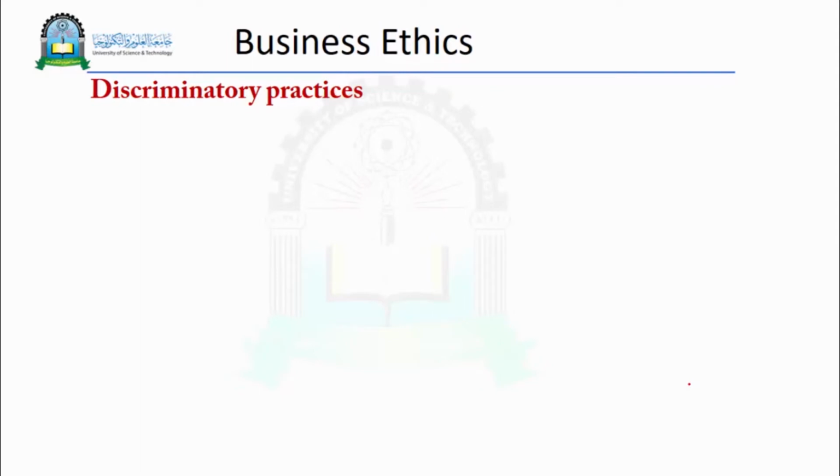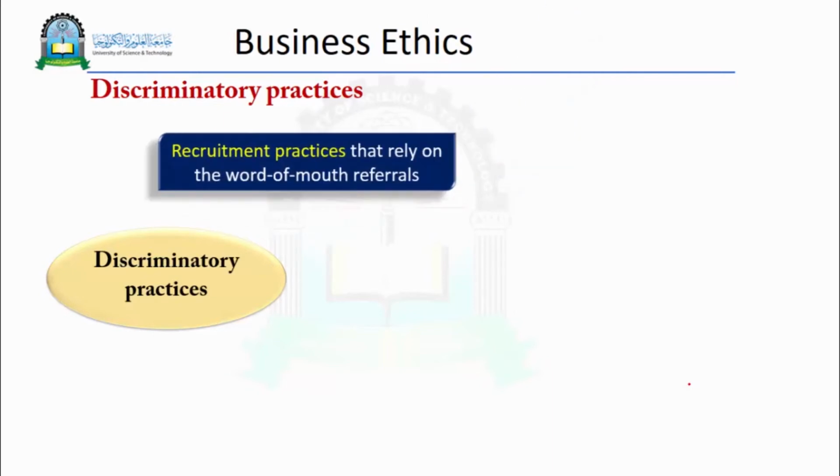Now we have some kind of discriminatory practices that we can find in companies. Some of these practices that can be done by companies are recruitment practices that rely on word of mouth referrals. For example, in a company, someone might be recommended to get the job, and he or she may actually get the job based on such a reference.